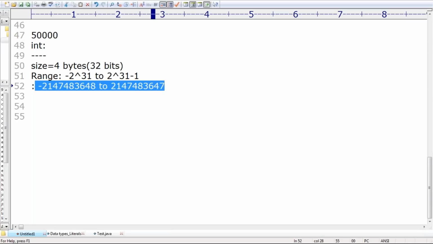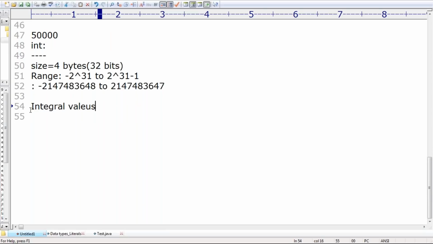Next, to represent integral values, how many data types have I covered? Byte I covered, short I covered, and int also I covered, right? Mostly int is going to fulfill our requirement, but very rarely int may not be enough to hold bigger values.